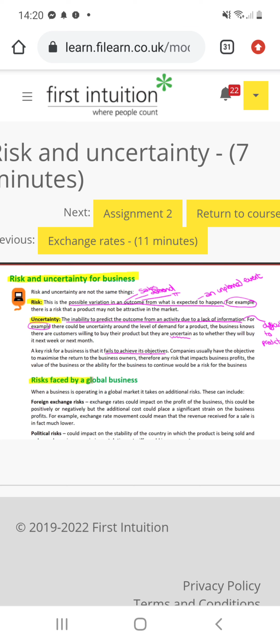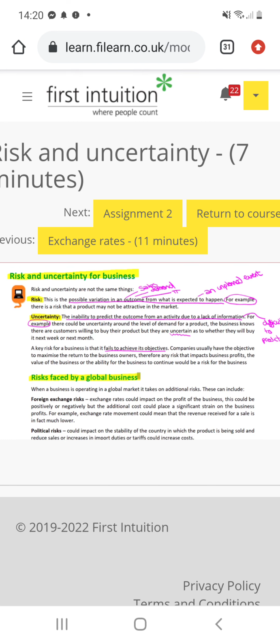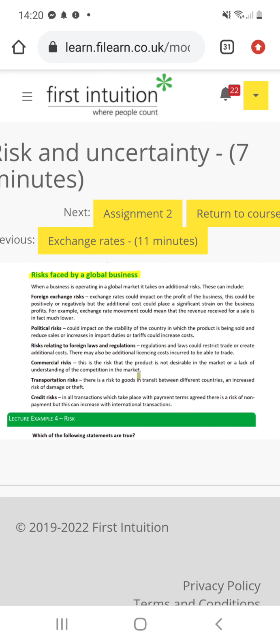Now, there are increasing risks faced by organisations that compete in a global market. Let's have a look at these. The first one is foreign exchange risk, and this is where our exchange rates impact on the profit of the business. We saw a lot of this in the previous recording.